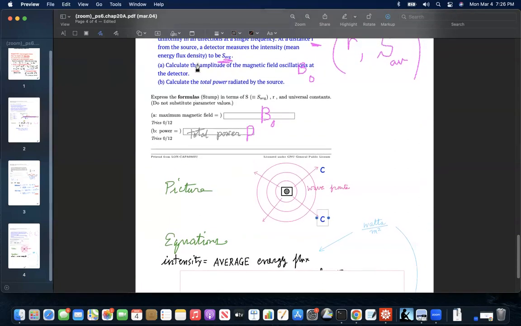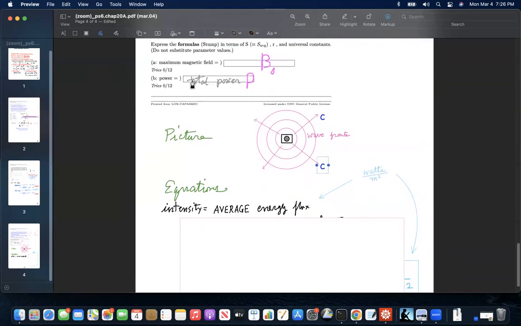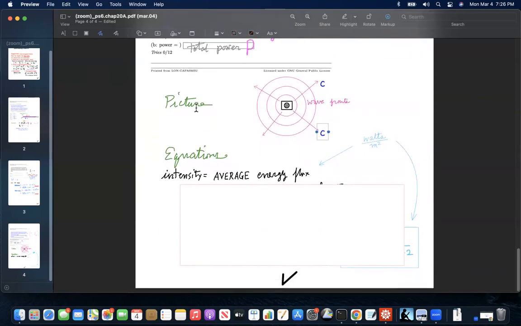Now the questions concern energy, like power.